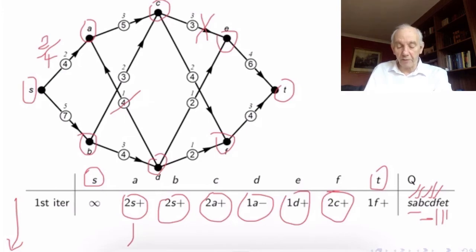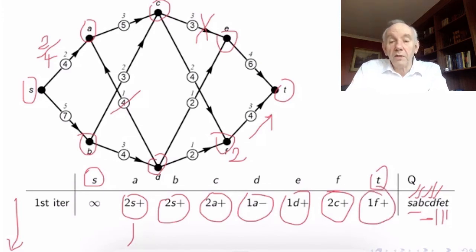We got 2 units to F actually, but we can only push 1 of those to T because the spare capacity here is only 1. So although we had 2 flow we managed to get to F, we can only get 1 of those to T. So T is labelled with 1 on it.